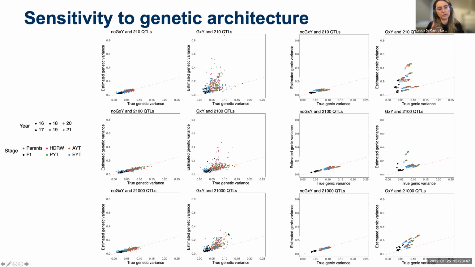For scenarios with genotype by year interaction, we can see substantial overestimation of genetic and genic variance. This overestimation decreased as the number of QTLs increased. As a summary, we can say that genotype by year and also genotype by environment is clearly an important factor, and we need more research into this.